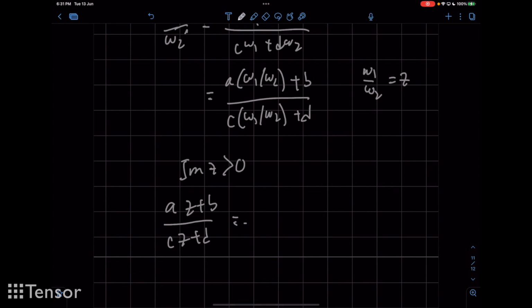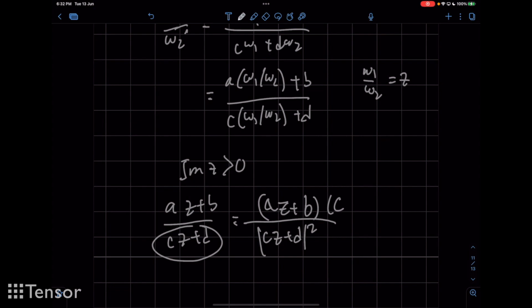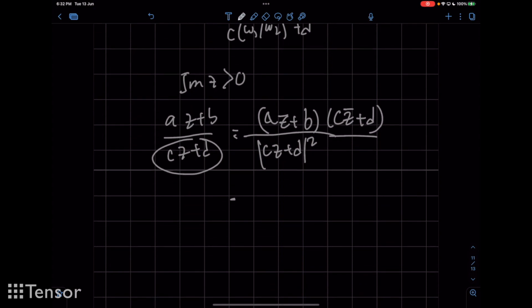Okay, and this is equal to, if I multiply by the conjugate of the denominator, then I have one over cz plus d mod square times az plus b times c z bar plus d.